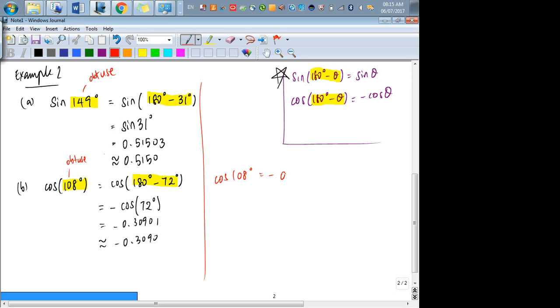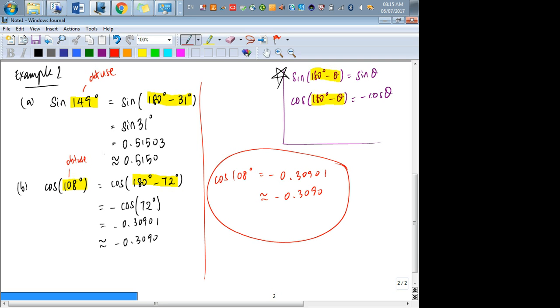You also get negative 0.30901, rounded off to negative 0.3090. So you see, the straightforward way, using your calculator, gives you the same answer as doing it the longer way, where we tried to change from an obtuse angle to a trigonometric ratio in terms of its acute angle.